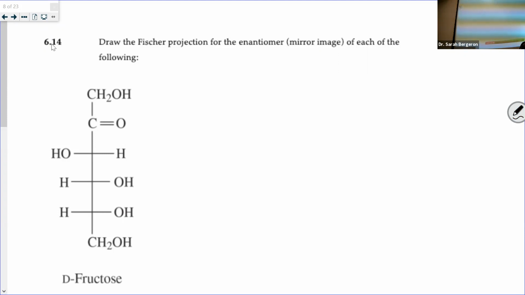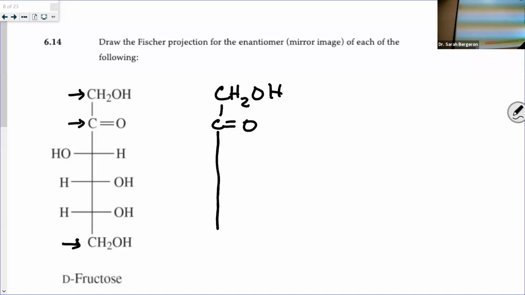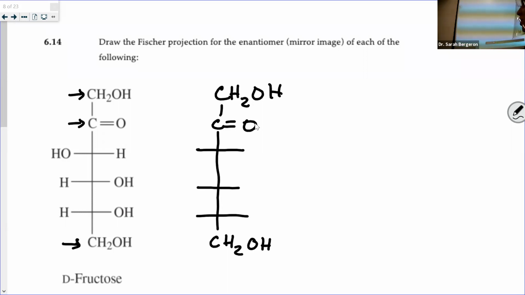So everything that's not chiral, before you do anything else, just copy everything that's not chiral. So these two carbons are not chiral. This carbon is not chiral. So go ahead and put that information down. And I know I'm going to have the same number of carbons, so I can still put them. And I know they're going to be chiral. It's just the orientation of the things around those chiral carbons that is going to be different.